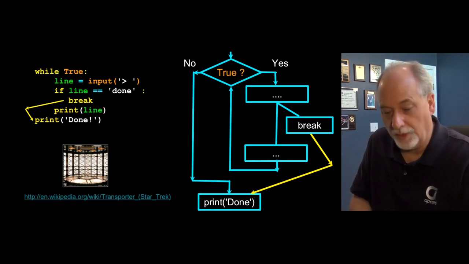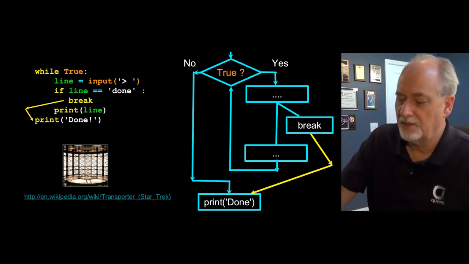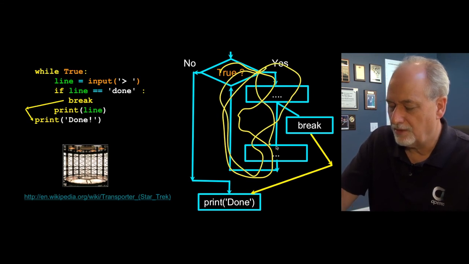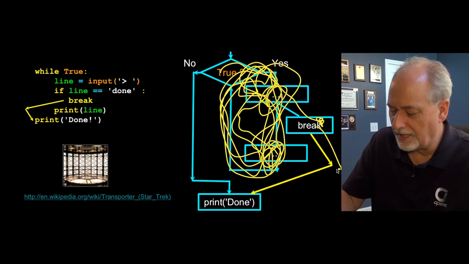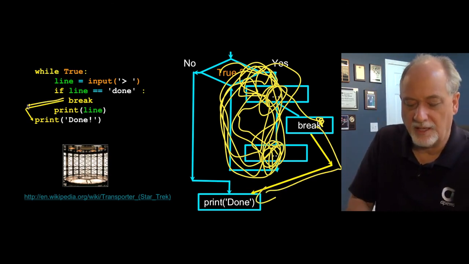This could be literally hundreds of lines with if statements, and you could be running and doing all kinds of stuff, right? The point is as soon as you hit a break statement, however much stuff is down here, however much stuff is up here, it exits to whatever the next line is beyond the end of the loop.